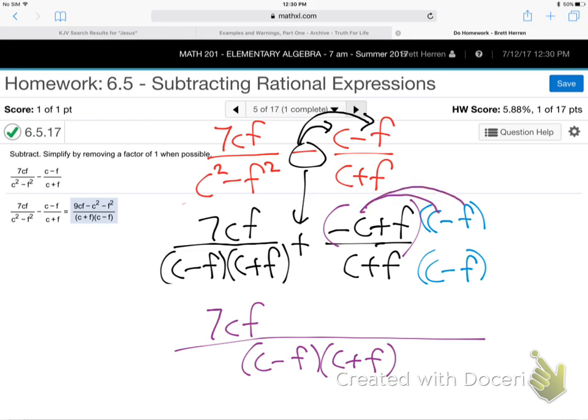Minus C goes into both: minus C squared plus CF, and then CF minus F squared. All right, we doing good there? Now gather like terms.